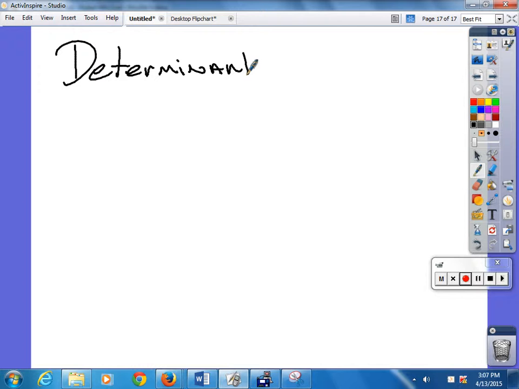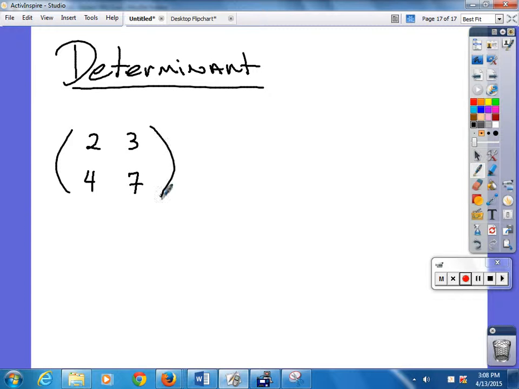But anyway, determinant. If you have four numbers like 2, 3, 4, and 7, 2x plus 3y and 4x plus 7y, you can find the determinant with just these four numbers.